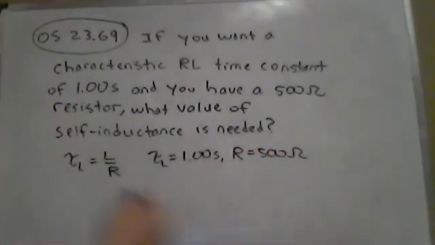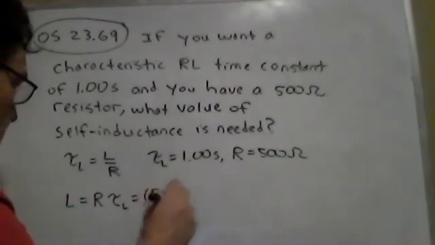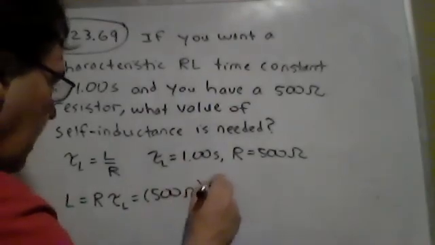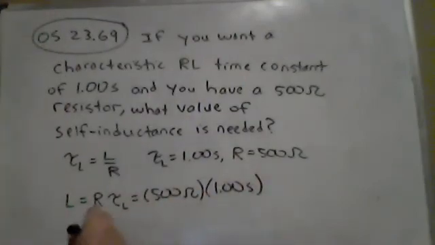What's the L? Well, solving for L, very basic algebra here. L is going to be basically R tau sub L, or 500 ohms times 1.00 seconds. And surprise, surprise, L is going to equal 500 henries.